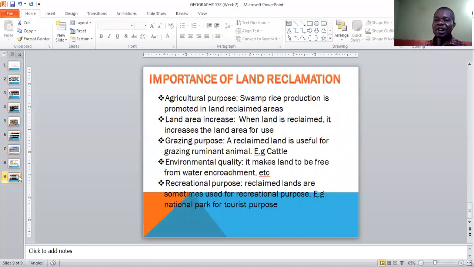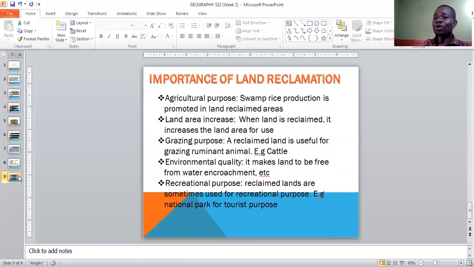Then another one is recreation purpose. I have discussed that some people build houses in a place close to the sea, just to be looking at the sea, or take cool breeze from there and other things. Then there's a particular land called National Park for tourist purpose. It's a land that was reclaimed, now used for tourism.